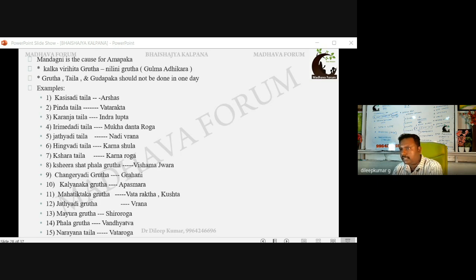Devadaru is Tridoshahara, Erandamula is Ruksha Vatahara, Bala is Shrestha Vatahara Dravya. Rasna is especially a good drug for Vata. So the key ingredients are Rasna, Bala, Eranda, Devadaru, Dhanvayasa, Guduchi, Shatavari, Kantakari, Pippali. Okay. The key ingredient is Rasna.